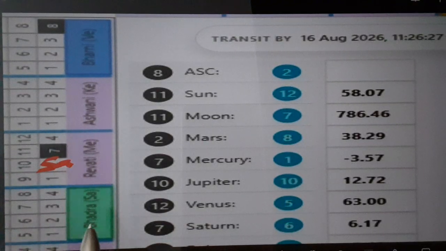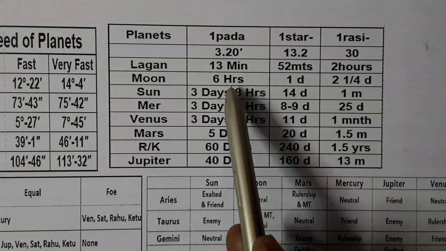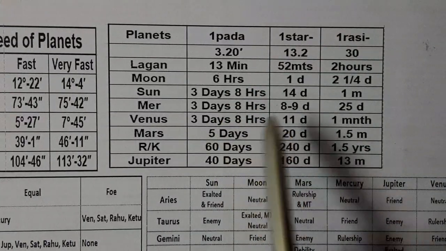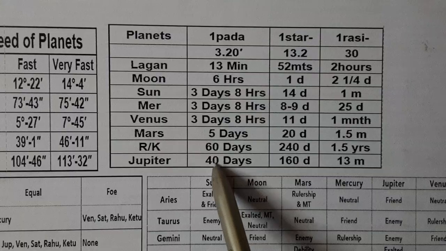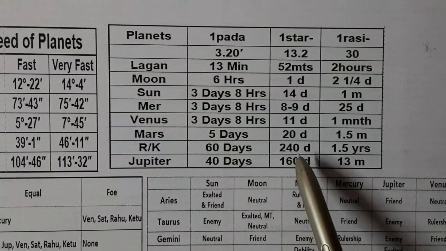So the big planets must be deeply entrenched in the mind, and then for the small planets we can go for these things. Moon is for 6 hours and Sun is for 3 days. These should also sit in the mind, and Rahu Ketu are for 2 months on each pada of the planet, and Jupiter for 40 days.